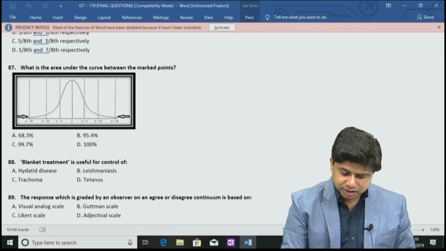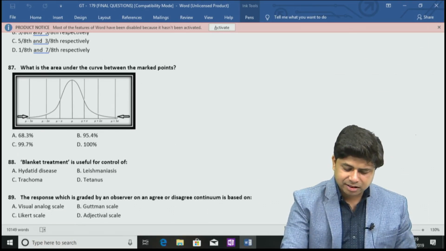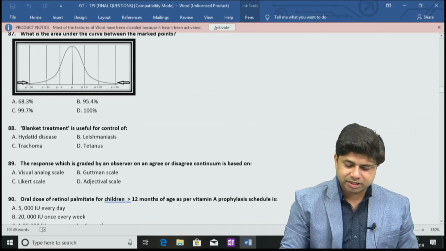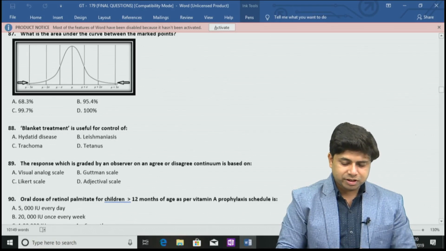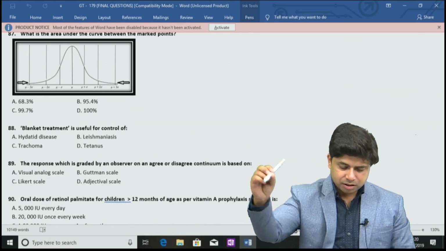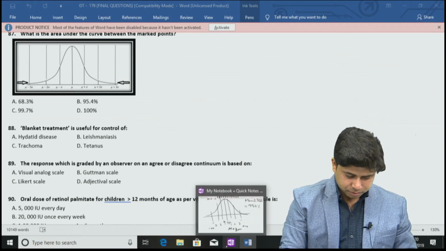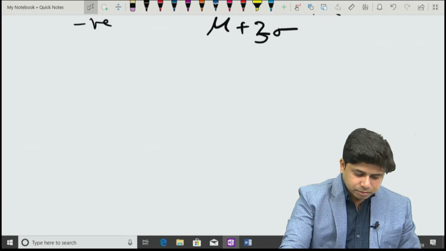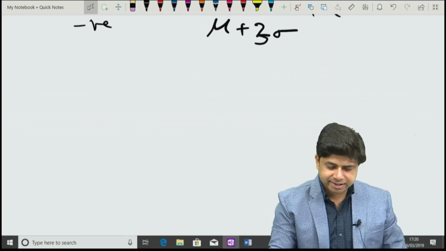The next question, question number 89: the response which is graded by an observer on an agree or disagree continuum is based on. Okay, so there are several scales. Let's write. The answer is Likert scale.